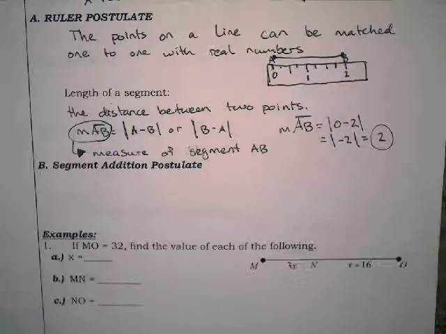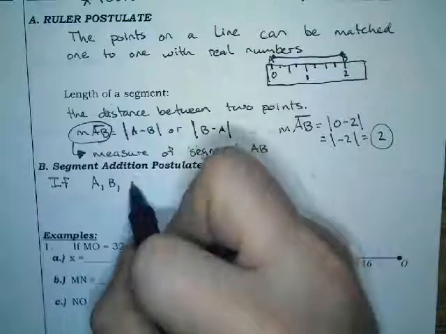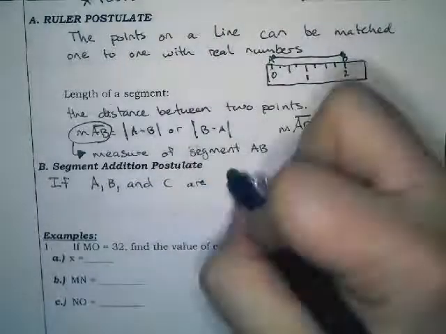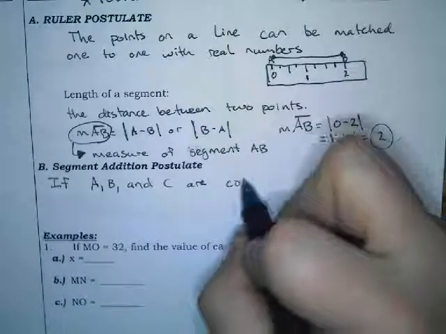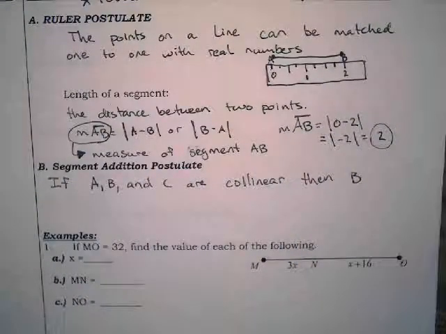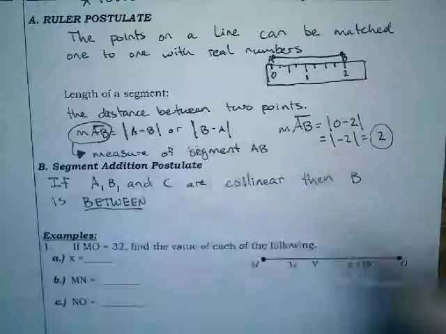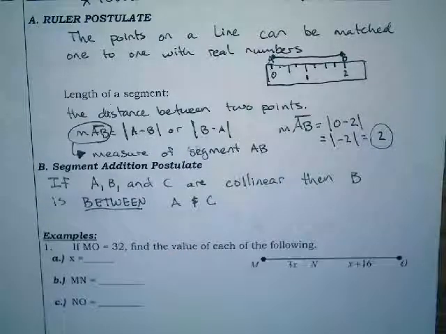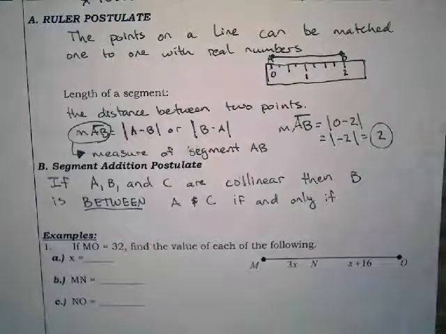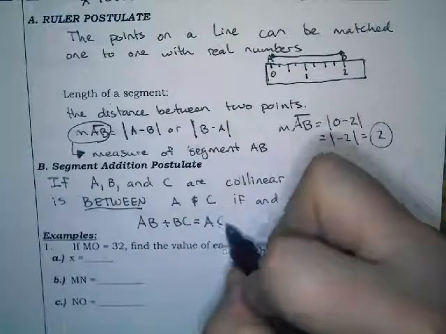So the segment addition postulate states, if A, B, and C are collinear, then B is between A and C if and only if AB plus BC is equal to AC.